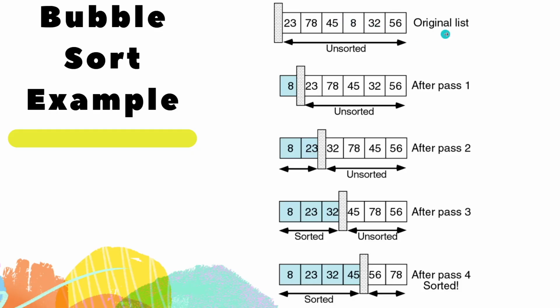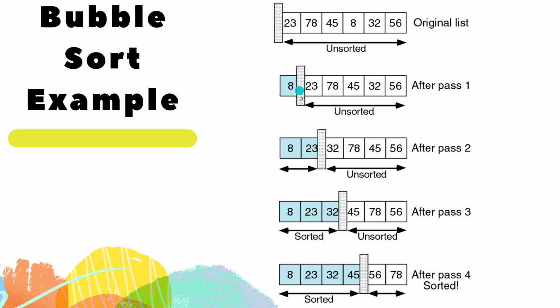Here we have a simple example with 6 elements. This is the original array, and all of them are unsorted. As I said before, we do a bubbling up operation from end to first, and as a result 8 has occupied its correct position in the array.